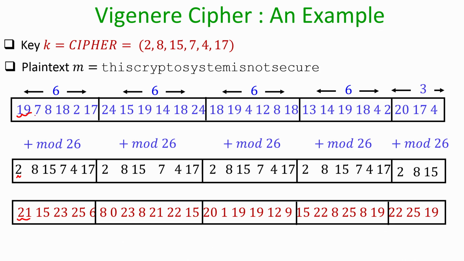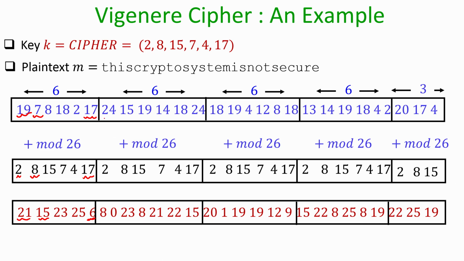In the same way, the character 7 gets shifted by 8 to obtain the character 15, and in the same way the last character of the first block, which is 17, gets shifted by the amount 17 to obtain the character 6. Now you can see, since we are actually crossing the range 0 to 25, we do the mod 26 operation to do the wraparound, and as a result we get the ciphertext character 6.